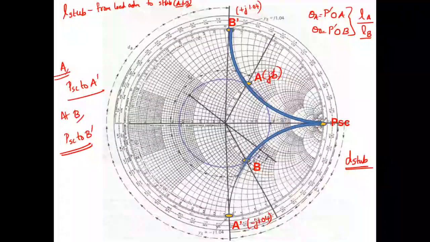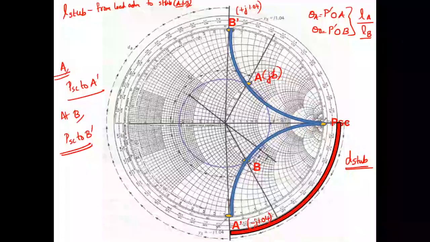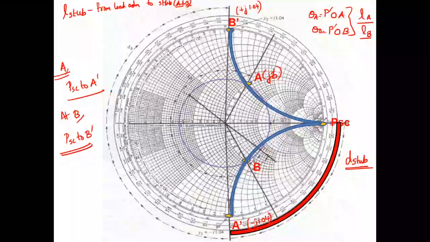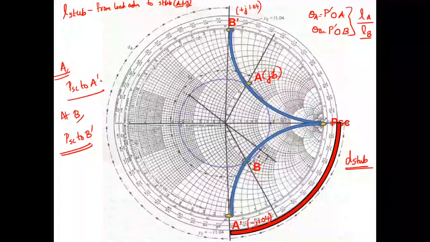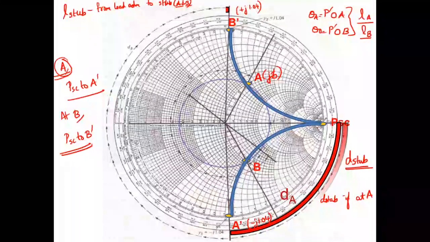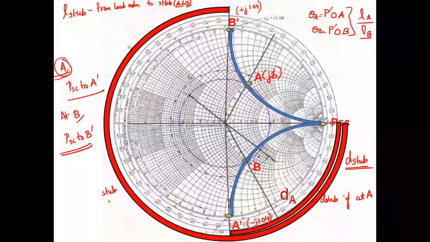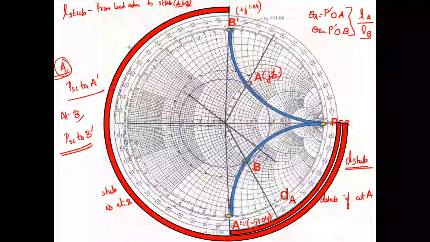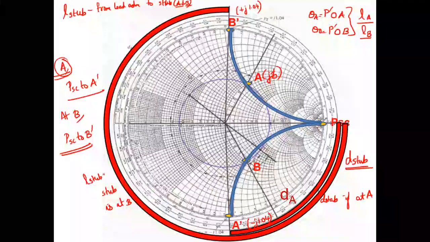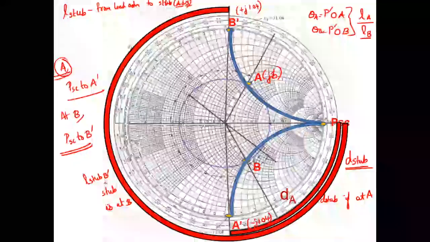Okay, so PSC to A dash means this is how you take the angle in the corresponding clockwise direction. If the location is at point A, the distance PSC to A dash corresponds to D stub, and this corresponds to the length of the stub if the stub is at B. If the stub is at B, then the length of the stub corresponding to position B is B dash.